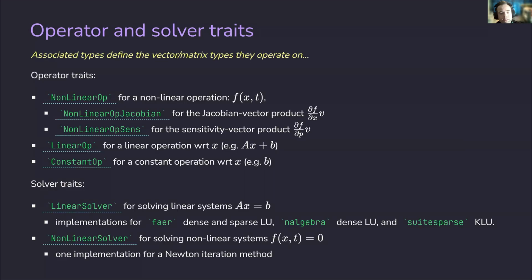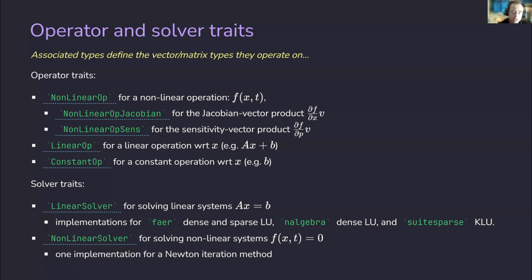For the operators, Diffsol uses the concept of an operation or a mathematical function f of x in a few different places. Both for representing the ODE equations themselves, so for example, the right-hand side is a nonlinear function.